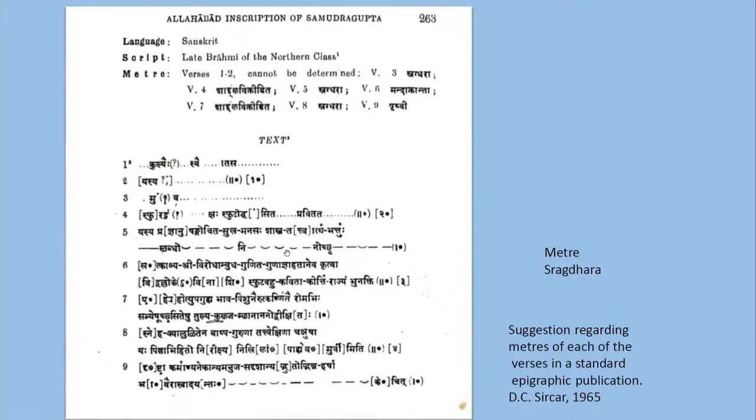D.C. Sarkar has restored them in this way, Laghu, Guru, because he has already identified the meter, the chanda, as Sragdhara. So, according to the pattern suggested for the chanda Sragdhara, he has made these suggestions regarding the letters of the damaged part. So, in this way, if the letters are damaged, you can always guess what letters should be there.